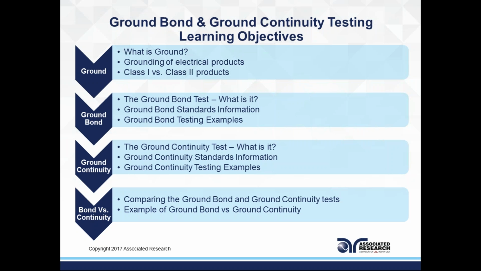Same goes for ground continuity. When you're doing a ground continuity test, what is the standard really asking you for? Also I'll give you some examples of what is a ground continuity test and what is a ground bond test. And in the end, we'll do a comparison between ground bond and ground continuity. We also have some videos that demonstrate how a continuity test is performed versus how a ground bond test is performed.